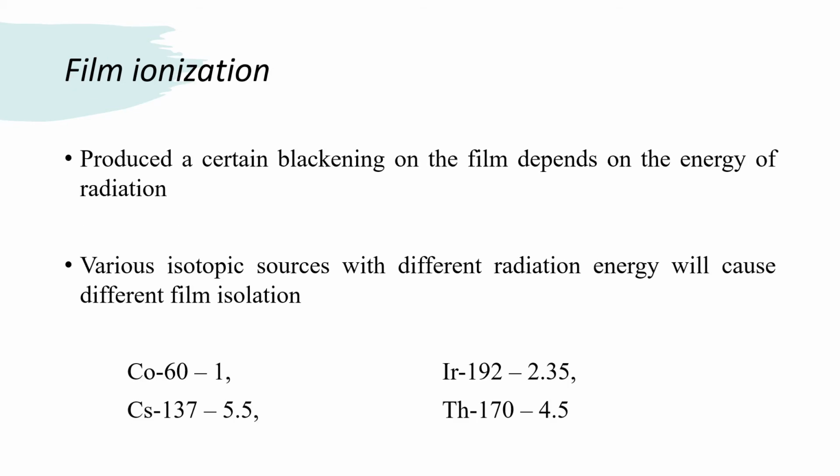Film ionization. The radiation source required to produce a certain blackening on the film depends on the energy of radiation. Low energy radiation needs smaller dose to ensure a certain film density as compared with hard radiation.